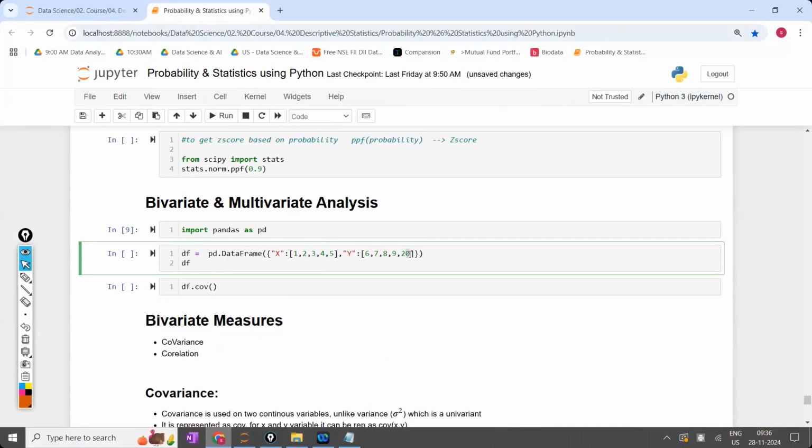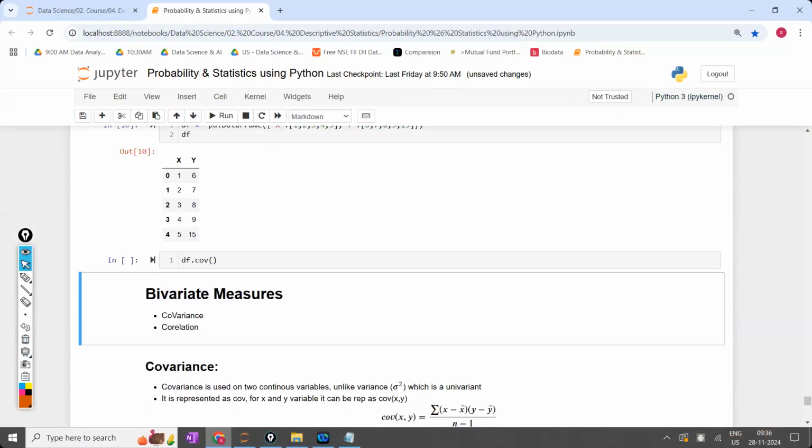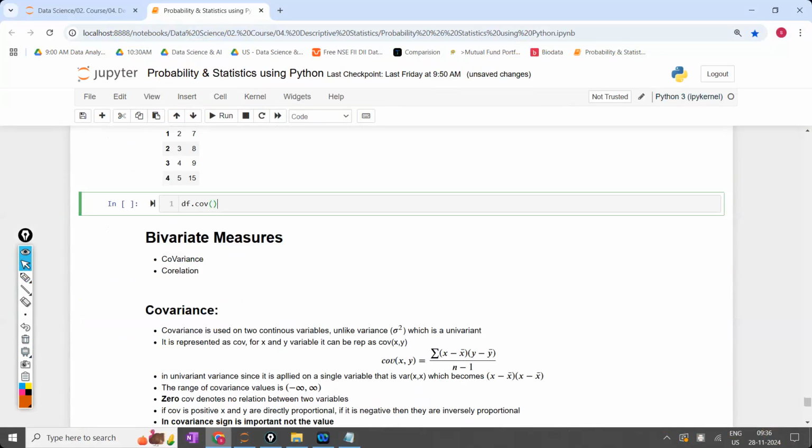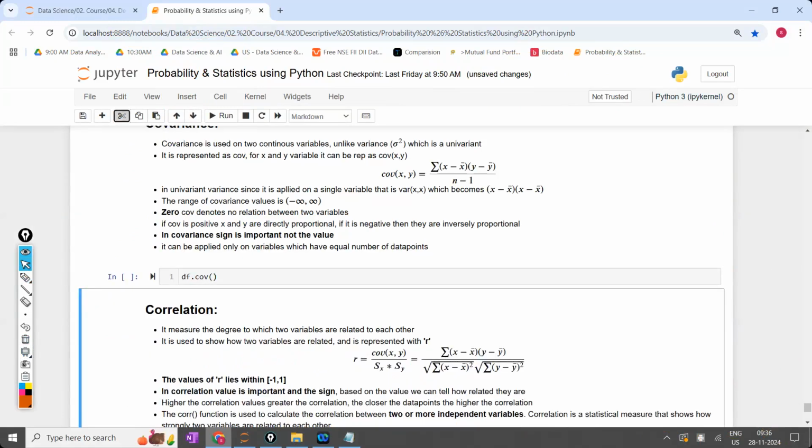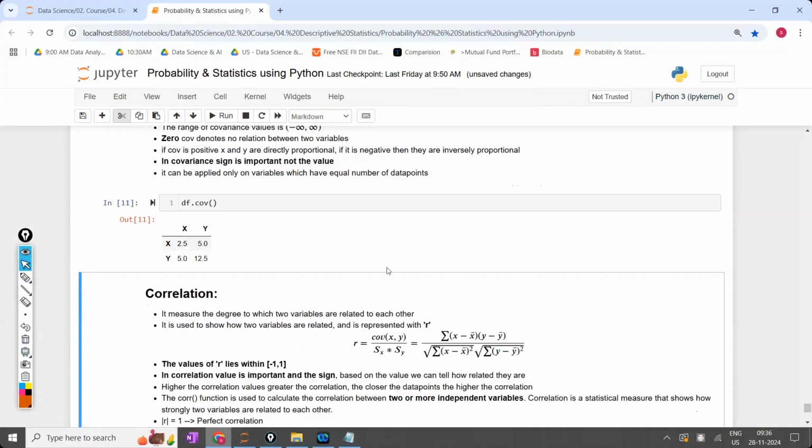Now I'm going to apply the covariance. Can you see? This is the variance of x, covariance of x comma y, covariance of y comma x, and variance of y. Is it clear now why you got this matrix?